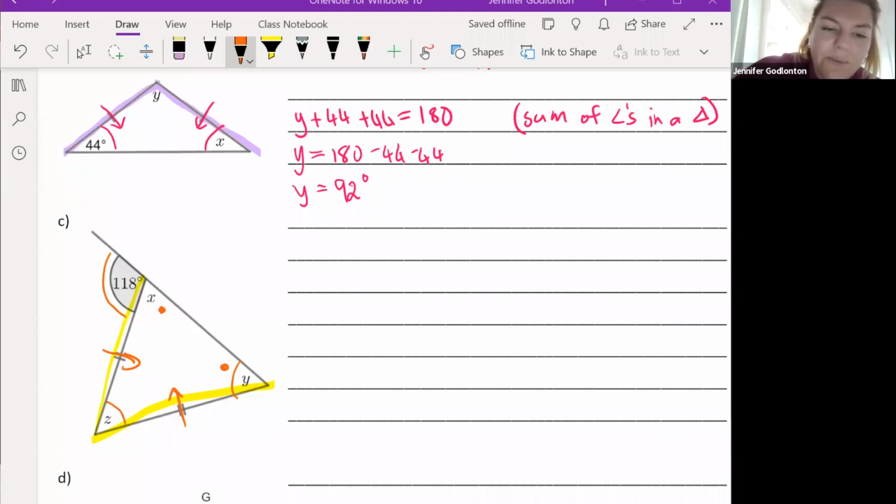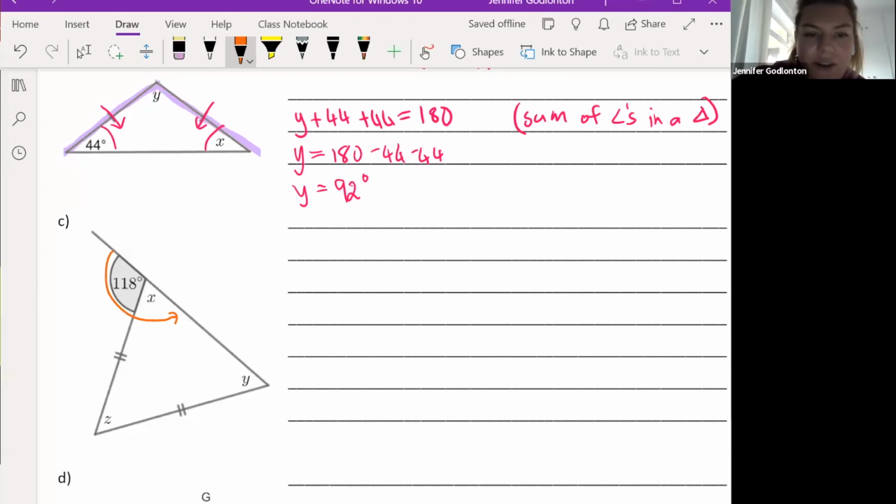Okay. So we would have to start with finding x, because that would be our first go-to over here. And we could say, well, x plus 118, they are adjacent angles on a straight line. So I can say x plus 118 is equal to 180 degrees because of angles on a straight line.